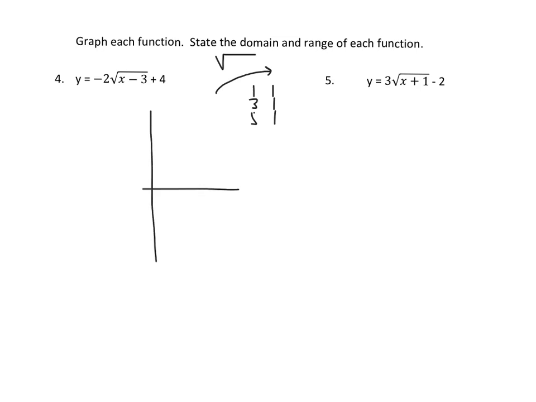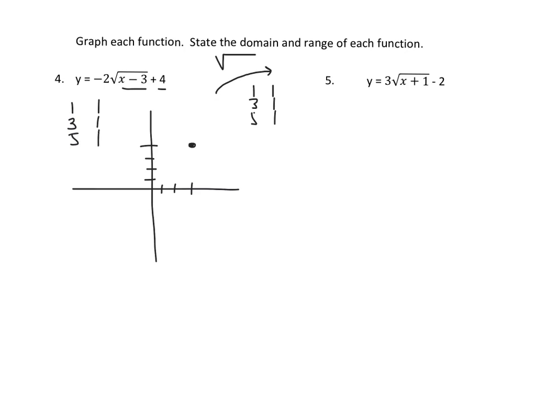So for number 4, we are going to move right 3 and up 4. Right 3 and up 4. Remember, if it's in the square root sign, it's opposite of what you think. And then what I would do is write out the general movement of a square root function.